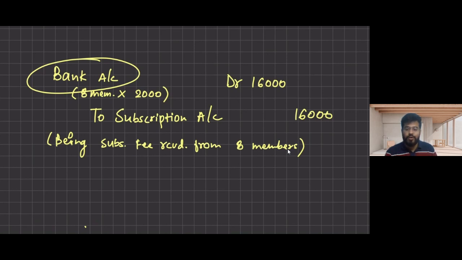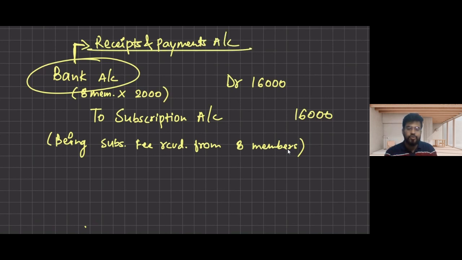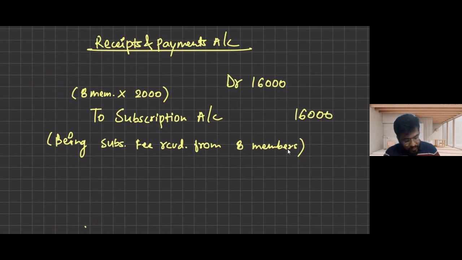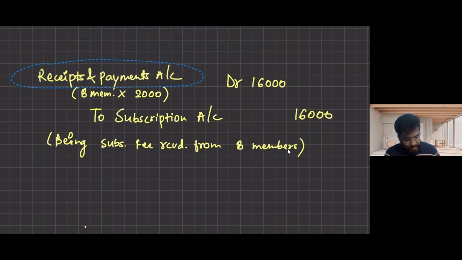But we are doing the accounting for what? We are doing the accounting for our non-trading concern. So in place of bank account, can I say the receipts and payments account will be debited? Yes or no? Okay, so in place of bank account, we will use the receipt and payment account. So bank account will get erased from here, and in place of that, we will bring into picture our receipts and payment account.